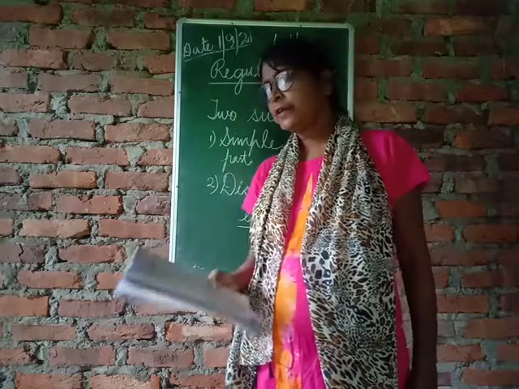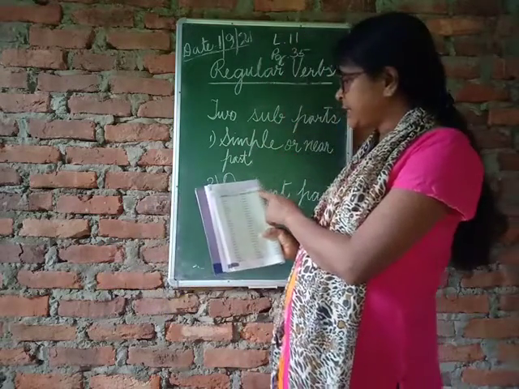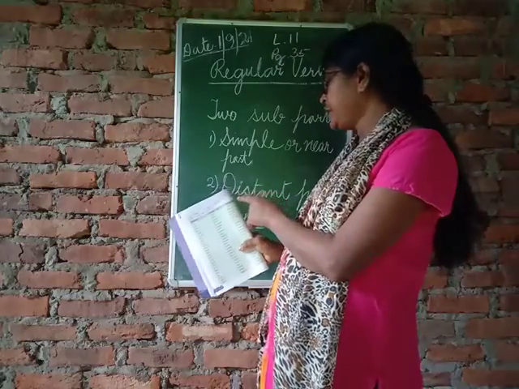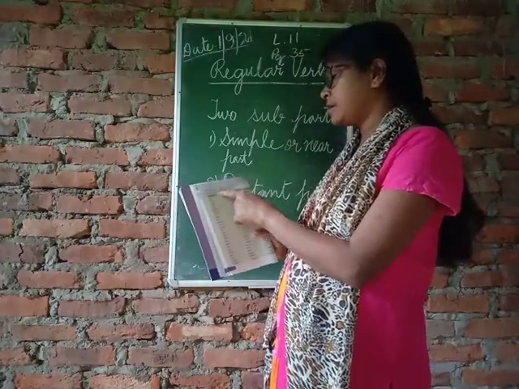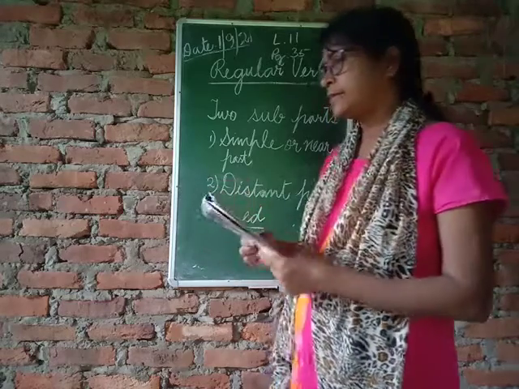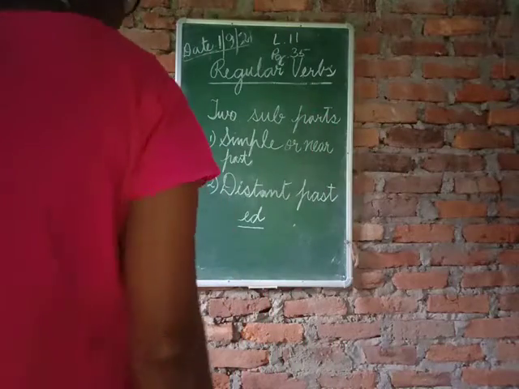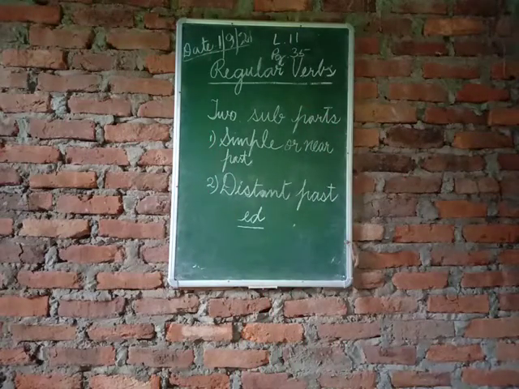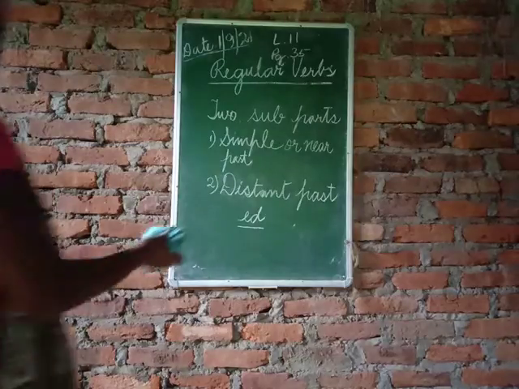Now given below is a table of regular verbs with the forms. Learn them by heart. You have to learn it by heart. Now I'll show you by putting ed.